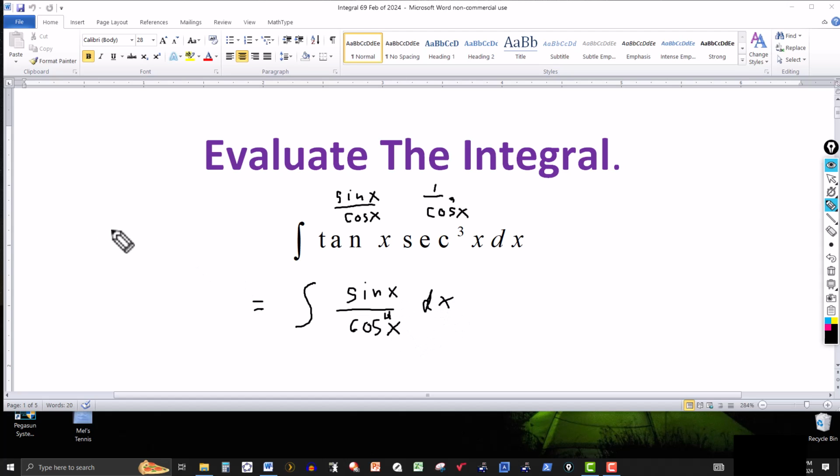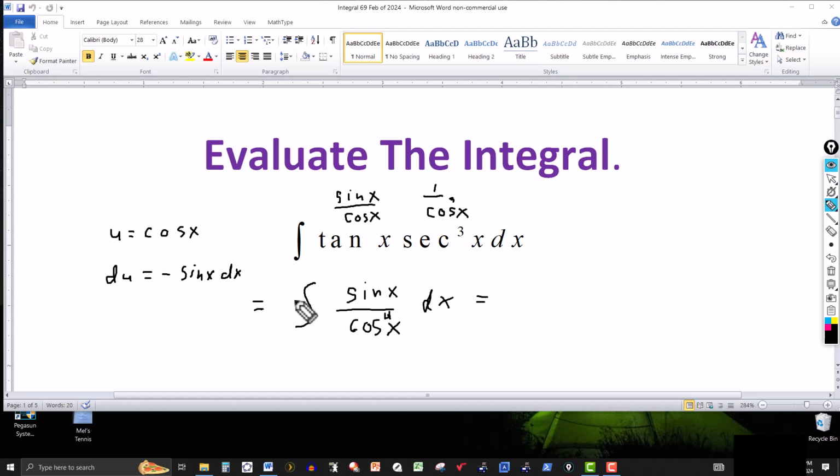Still going to use a u-substitution, but in this case I'll let u equal cosine of x. Then du would equal, and the derivative of cosine is minus sine, so this will be minus sine of x dx.